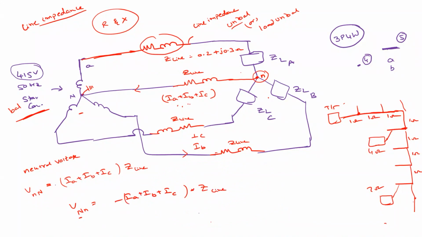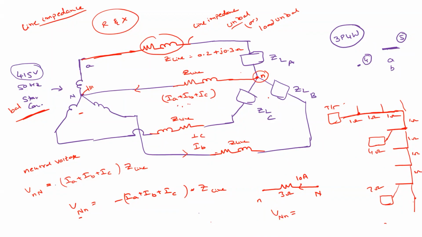Simple thing. For example, you have one point, this is capital N, this current is 10 amperes, and this is 3 ohm. So what is the neutral voltage? Minus 30, sir. What is VNN?